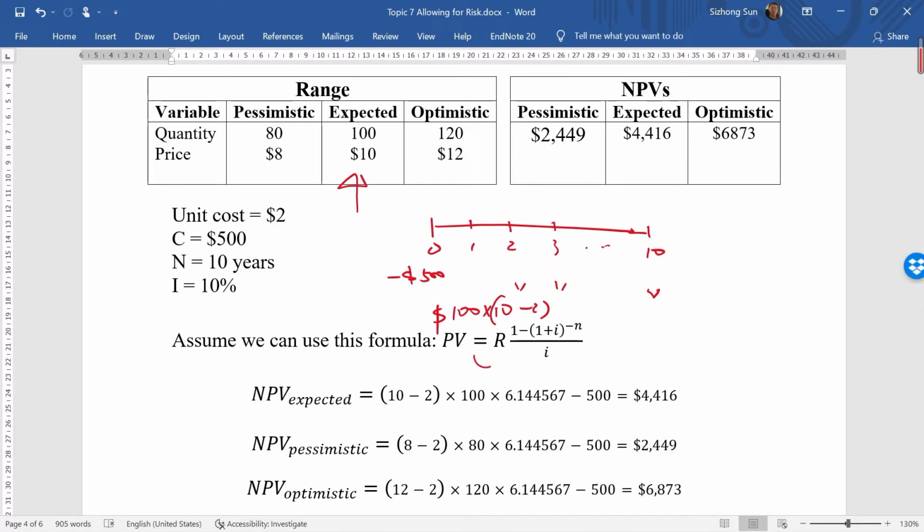This is just the present value of a 10-year annuity with a per-year cash flow of 100 times 8. We can use the present value of annuity formula, which is the per-year payment times an annuity factor.